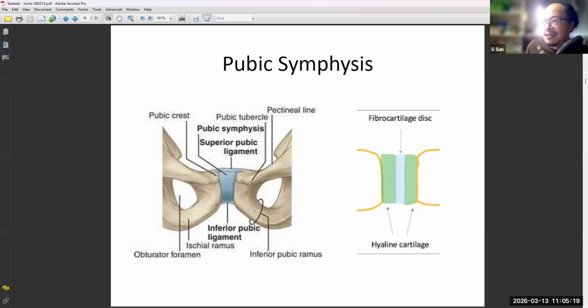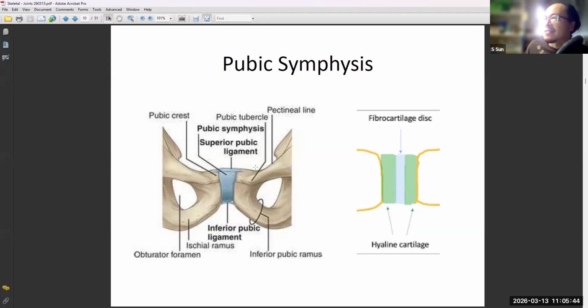Here, this opening is called the obturator foramen, all right? The obturator foramen is usually covered. This is the pubic crest, and this is the ramus, the inferior pubic ramus.